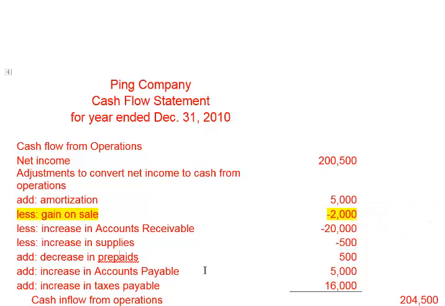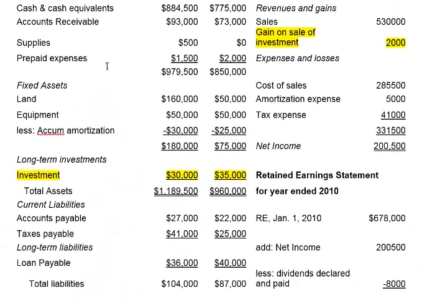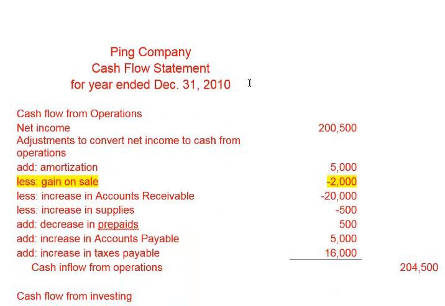We also see that our prepaid account is changing as well. If we go here, we see our prepaid expenses came down by 500. That means that we expensed more to calculate our net income. So we did more of debiting expenses and crediting prepaids than we actually bought in prepaids.